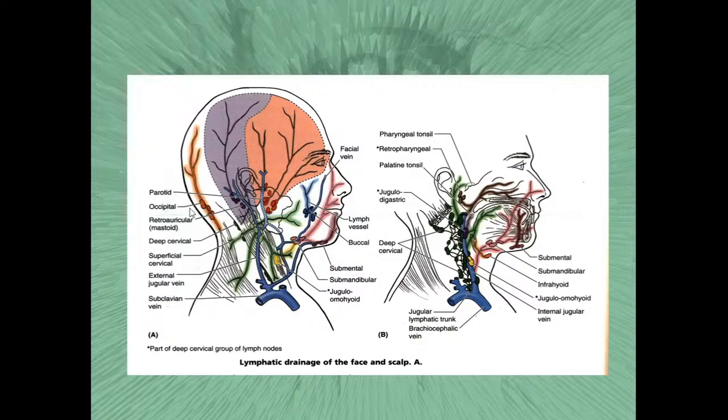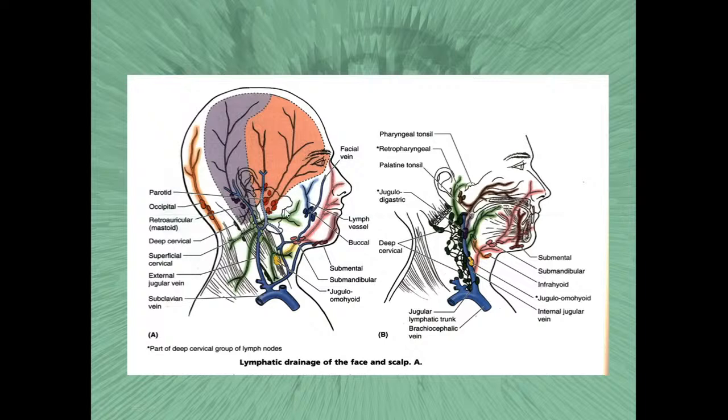The regional lymphatic nodes for the head are represented by the occipital lymph nodes located along the pathway of the occipital artery. Then mastoid or retroauricular lymphatic nodes located posterior to the auricle.